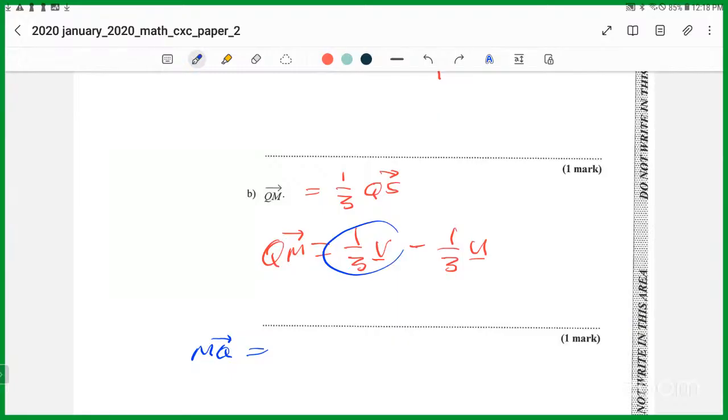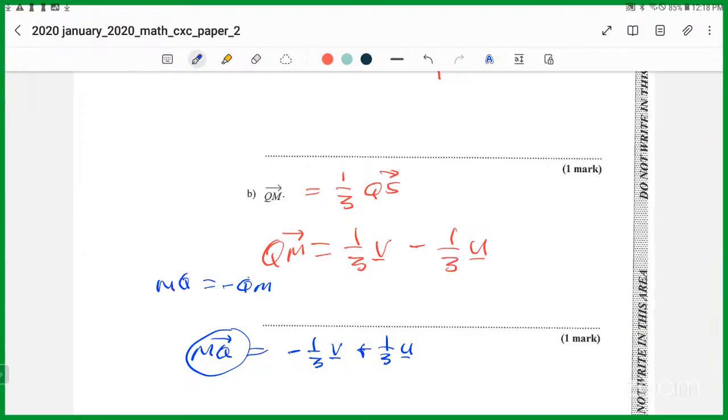So negate this and turn this into a positive. So it will be minus a third V plus a third U. Because MQ is minus QM. Same vector, opposite direction in a sense. So this is my MQ: minus a third V plus a third U.